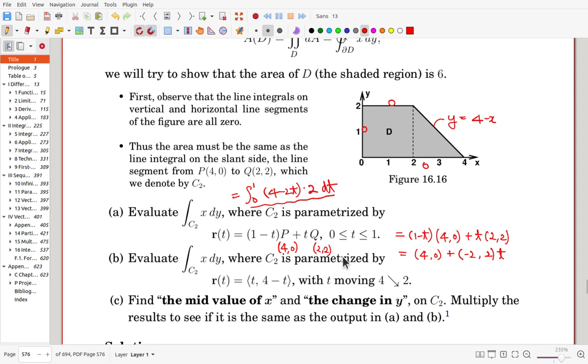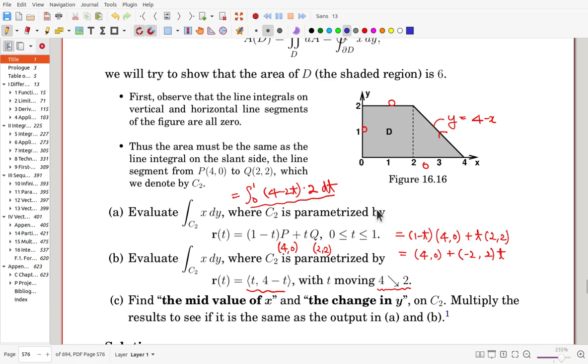In this case, t is moving from 4 to 2, and the reason is the direction is like that. So the x value is moving from here to there, and the y value is moving along the line, so you have to set this interval going down. If you are using this parameterization, you will have to have that.